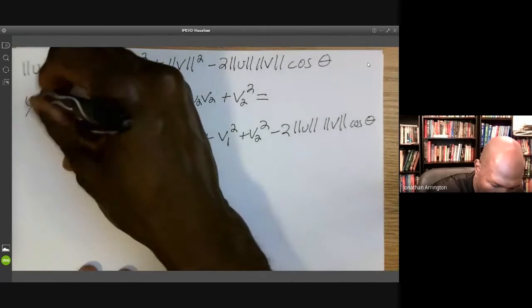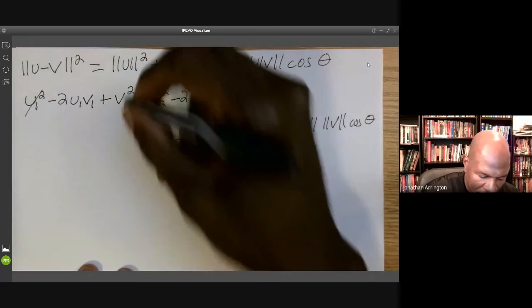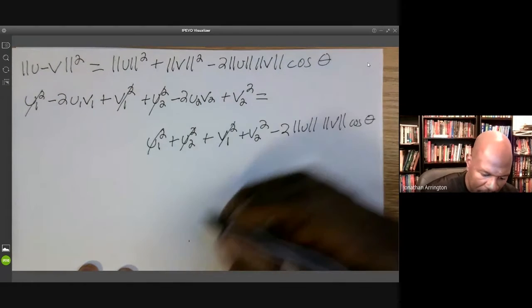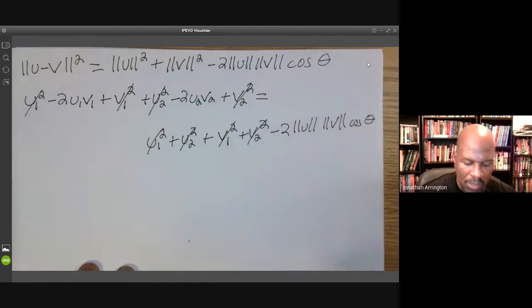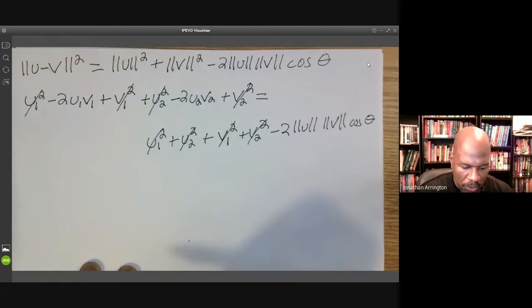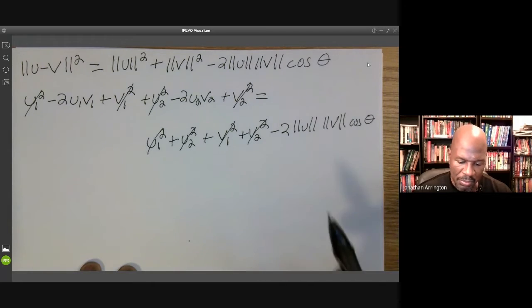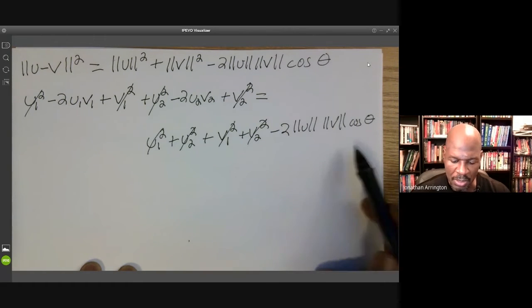So this u1 squared is going to cancel. u2 squared is going to cancel. v1 squared is going to cancel. And v2 squared is going to cancel. So all we have left on the left is simply negative 2u1 v1 and negative 2u2 v2. And all we have left on the right is negative 2 norm u norm v cosine theta.